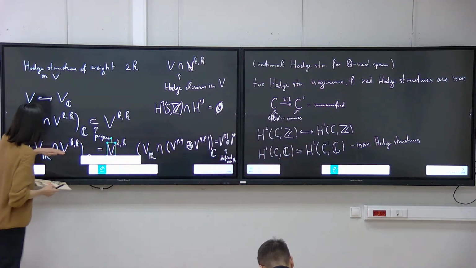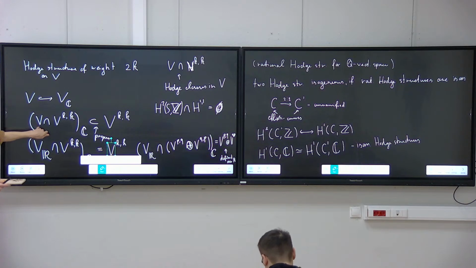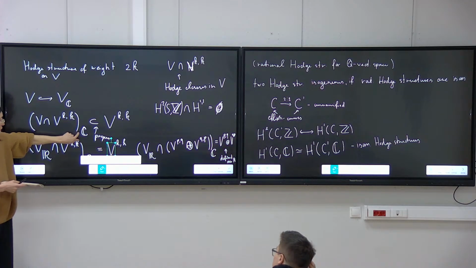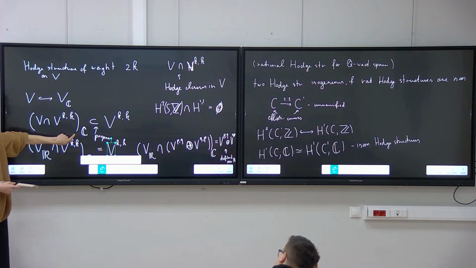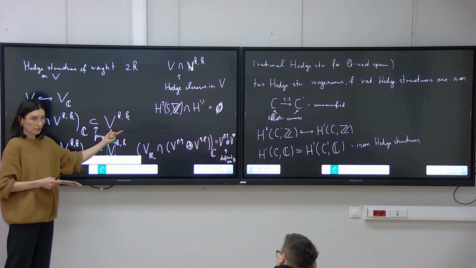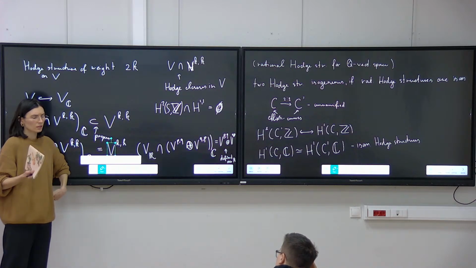I mean that if we just take intersection with integral, yeah, and then we'll complexify. Of course, because otherwise the right-hand side should be complexified too, yes? Here it's always complex vector spaces. Maybe I didn't say this.